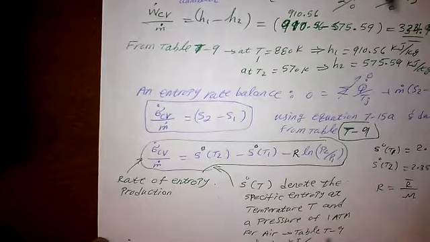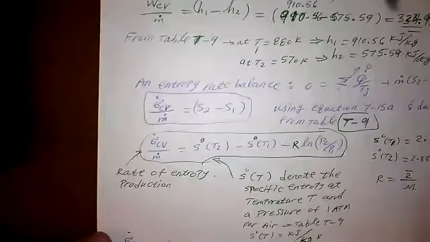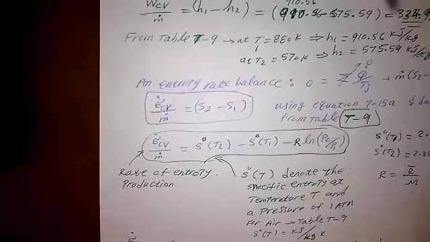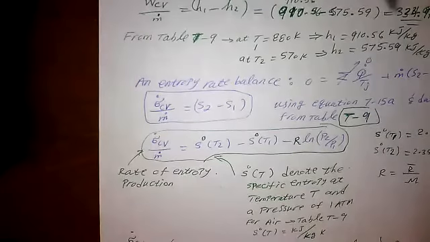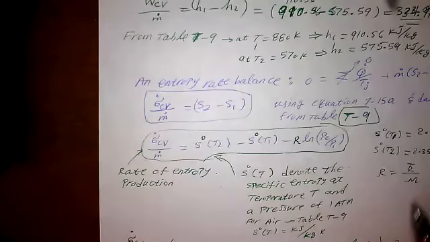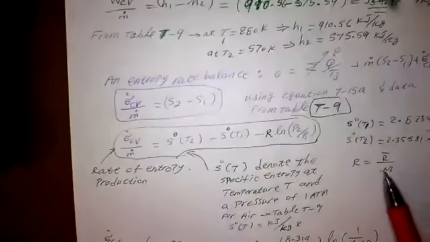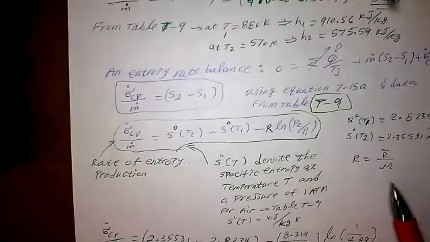For air, we go to table T-9 and get this information as s2 minus s1, the specific entropy, minus R bar, the gas constant, because R is equal to R bar over the molecular weight of air, which is 8.314 divided by 28.97, times natural log of 1 over 4.89.